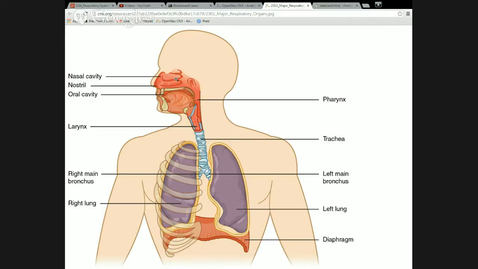So the nasal mucosa is a pseudostratified epithelium, and then its associated connective tissue. That connective tissue has a lot of blood vessels in it, which the blood there will heat up the air as it's going through. And then the mucus that's produced in the pseudostratified epithelium has water in it, which will hydrate the air as you breathe it in.